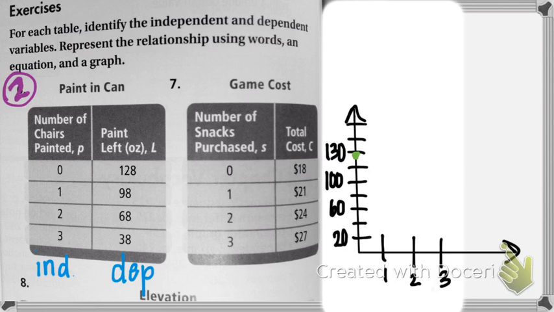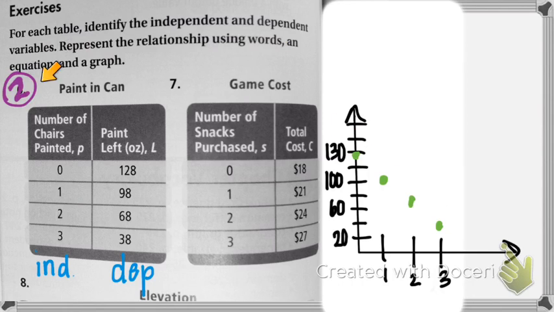One chair is 98, so it's almost 100. Two chairs is 68. Three chairs is 38. And that is a linear relationship because I could put a line between those.